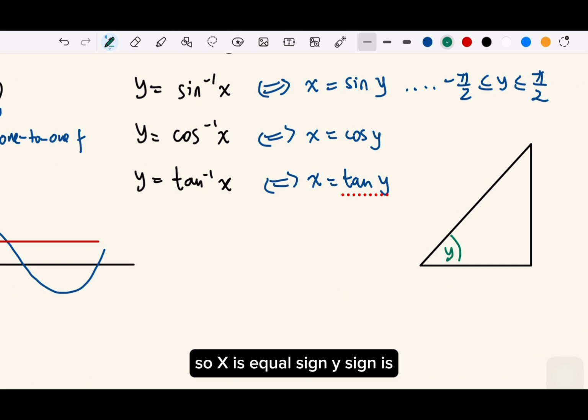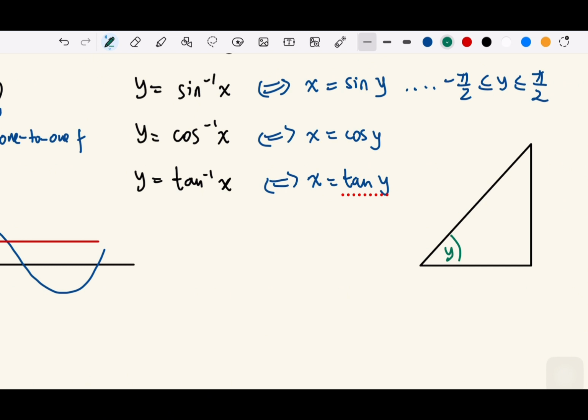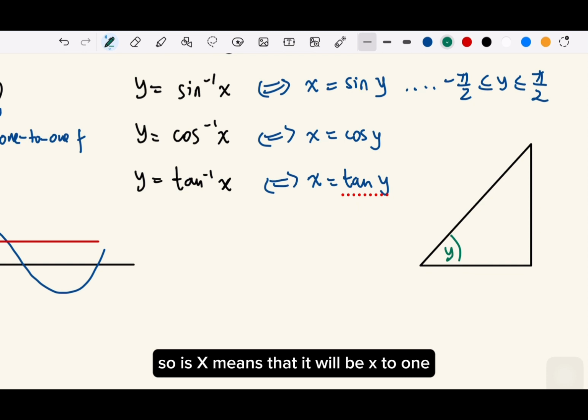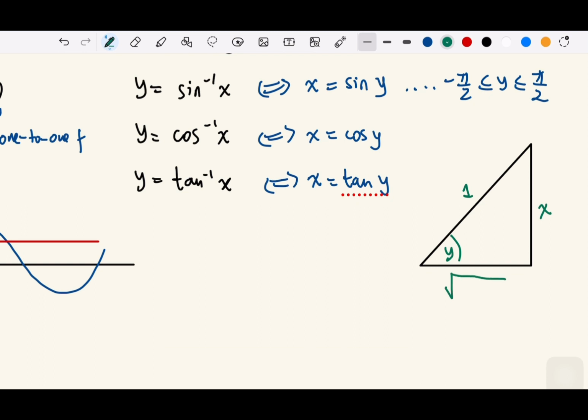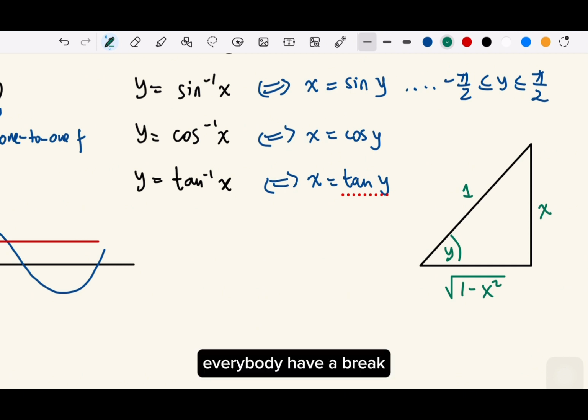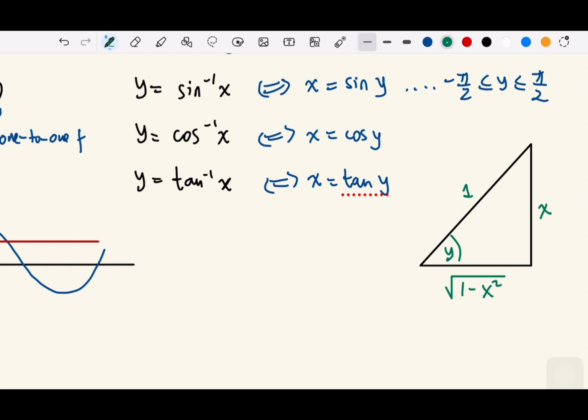So x is equal to sine y. Sine is the opposite side divided by the hypotenuse, right? So this x means that it will be x over 1, and this will be the square root. We're continuing that triangle.